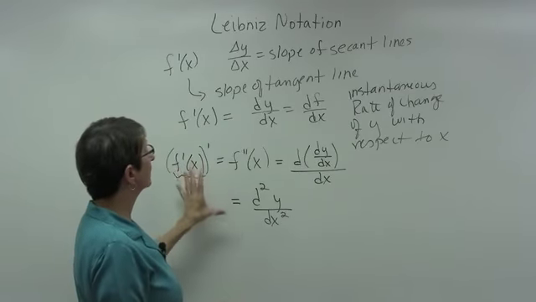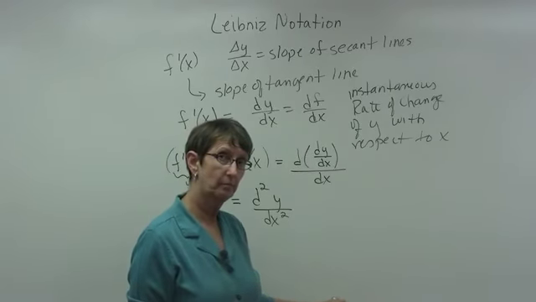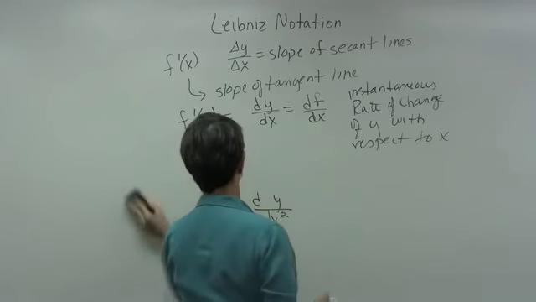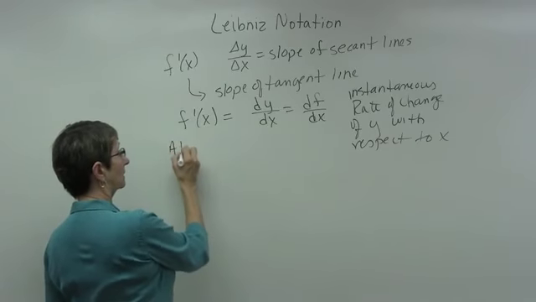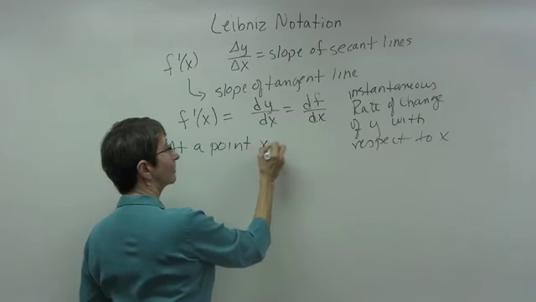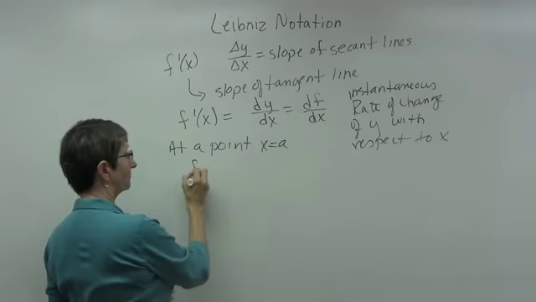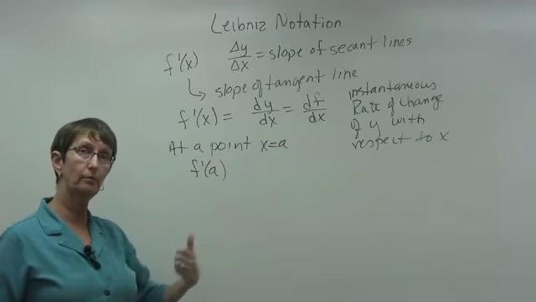Now, if we want to look at the notation at a particular point, we have to go back up to our f prime notation. And if I'm talking at a particular point, at a point where x is equal to a and y is whatever y is, this notation is f prime at a. That's the way we write it. A is a particular number.